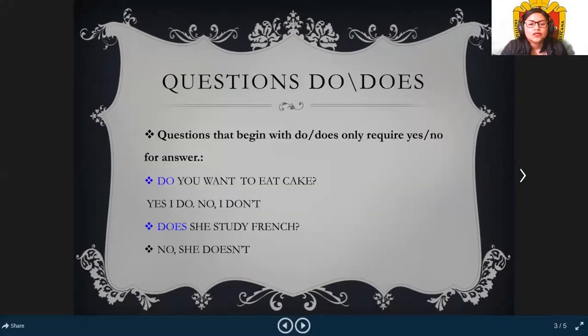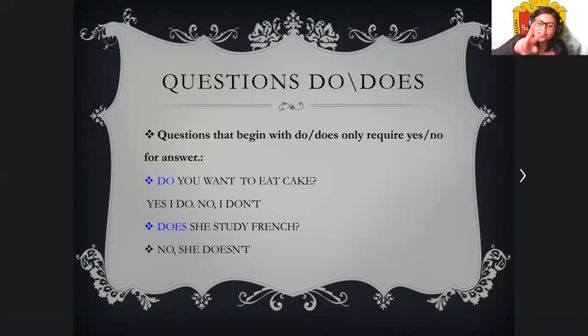So, the questions with do and does, okay, begin with the auxiliary. Only required yes or no for the answer. Es decir, sí o sí, mi oración va a empezar con el auxiliar. Puede ser do o does. Ahora, la respuesta solo tienes dos opciones, yes or no, afirmación o negación, ya que estas preguntas de yes, no questions son consideradas respuestas cortas.